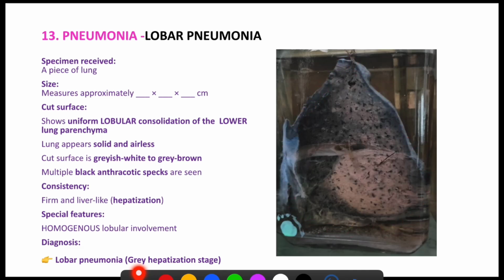If you describe this specimen, you can see this is the already cut open lung specimen, where the cut surface shows the upper part of the lung showing blackening, anthracotic pigment deposition, and the lower part shows one lobular consolidation, grey white in appearance, and this is due to the grey hepatization phase of pneumonia.